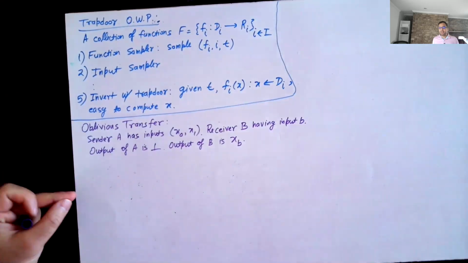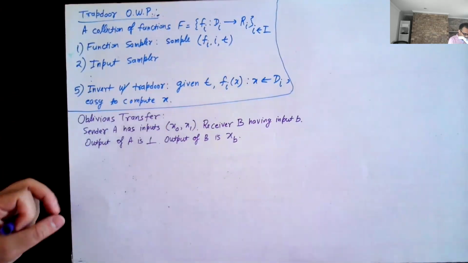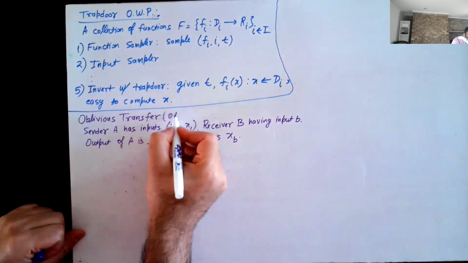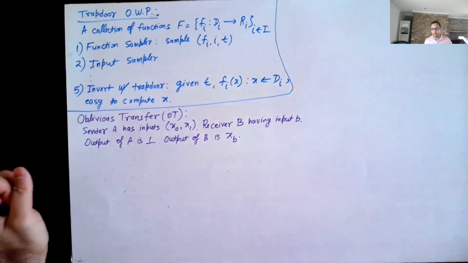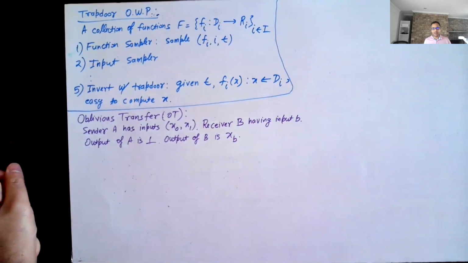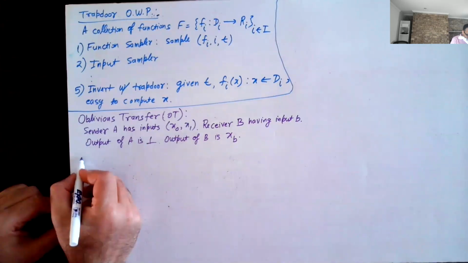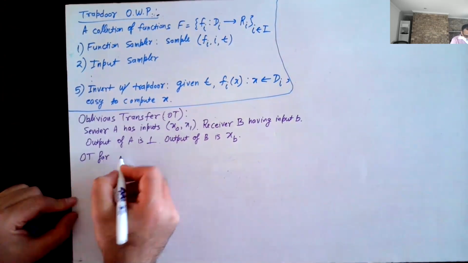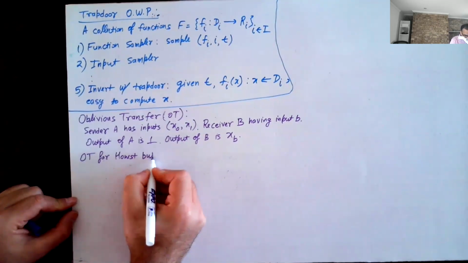And we will try to design a secure two-party computation protocol for this function. Oblivious transfer is also just denoted as OT. OT is the most fundamental functionality for secure two-party computation. And now we will see how to build OT for honest but curious adversaries.